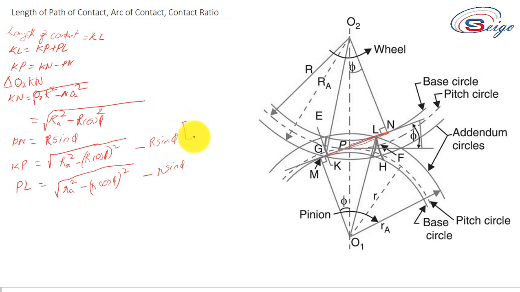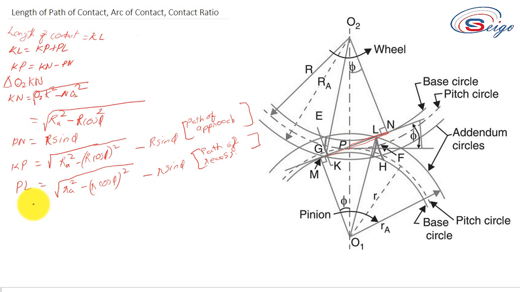This KP is also called the path of approach, and PL is termed the path of recess. This much distance is the path of approach and this much distance is the path of recess.